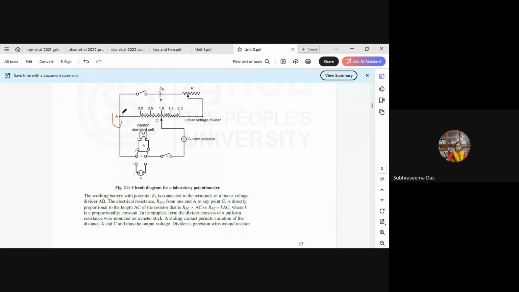Here is A and here we have B. The electrical resistance RAC, from point A to point C, is directly proportional to the length of the resistor, and in the simplest form the divider consists of a uniform resistance wire mounted on a meter.